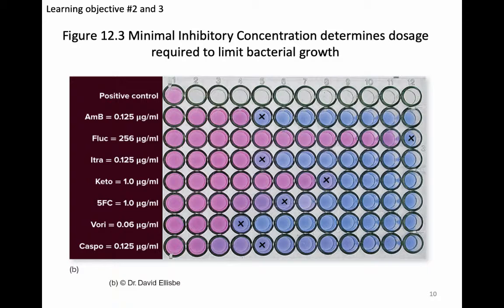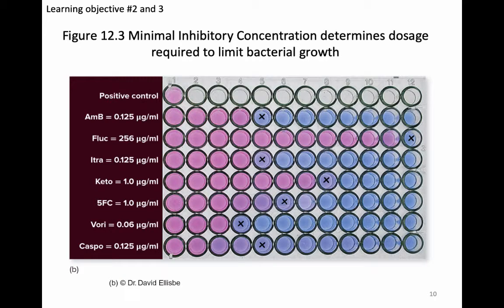So in this MIC experiment, the color change is from pink, indicating growth of the microbe, changing to blue, indicating no growth of the microbe. In each row, we have a different antimicrobial drug.